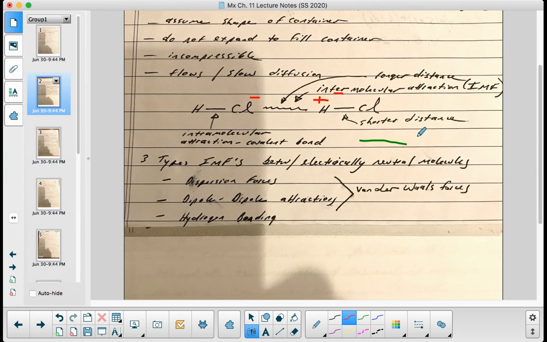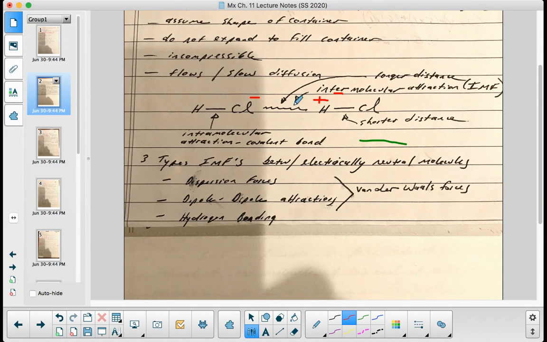What I like to tell people when I start talking about intermolecular forces is to be sure to be able to distinguish between an intermolecular force and an intramolecular force. This is what we're talking about right here, this squiggly line. It's the force that exists between molecules, say, for example, hydrochloric acid, which has a very negative portion and a positive portion.